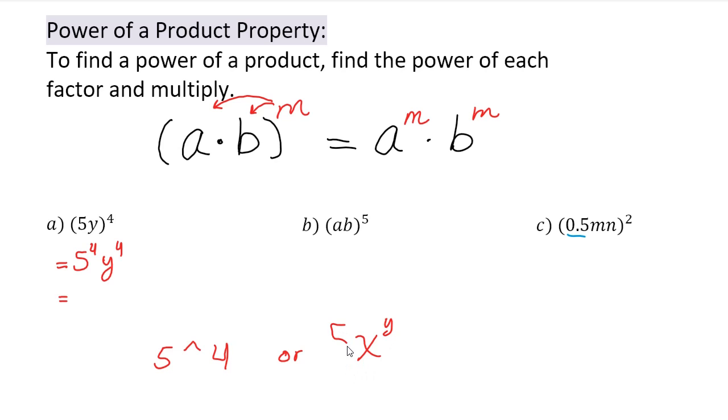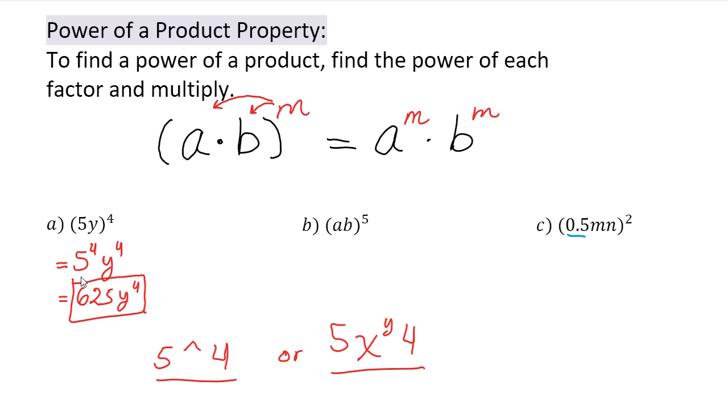So you would have to put in 5, press the key x to the y, and then the exponent 4. Okay, so play around with how you might need to enter that power in a calculator. Just remember that 5 to the fourth means 5 times 5 times 5 times 5. So that is 625. And the y to the fourth remains the same. So this is your final answer.